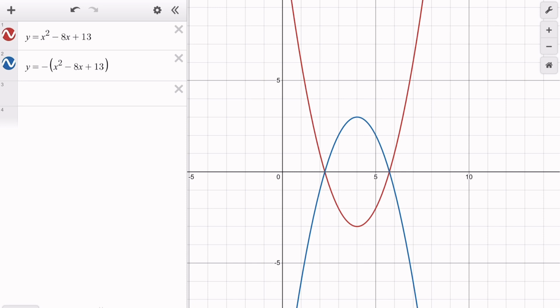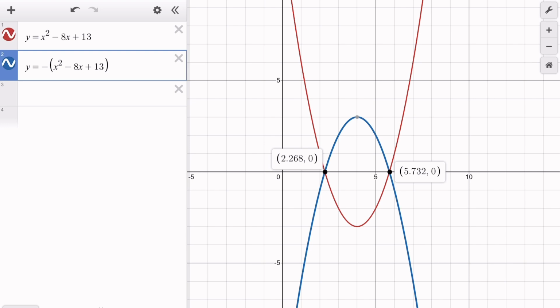When we graph the two, we have the original function in red and then the function reflected along the x-axis in blue. And we can see that there are two invariant points right where the x-intercepts originally were in the graph: (2.268, 0) and (5.732, 0). Now, how do we prove that algebraically?